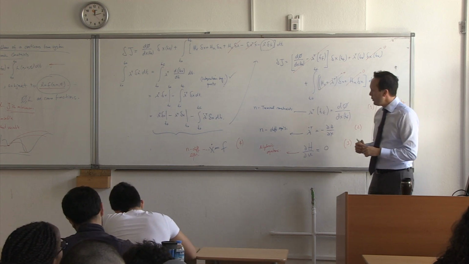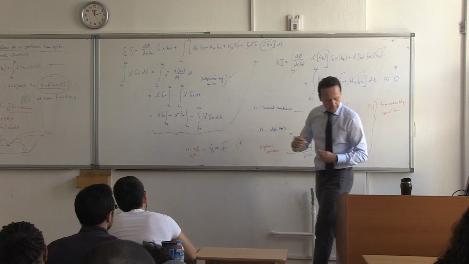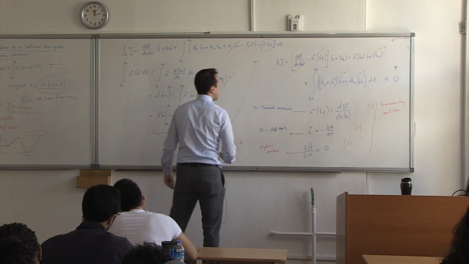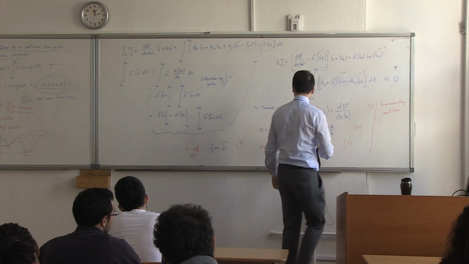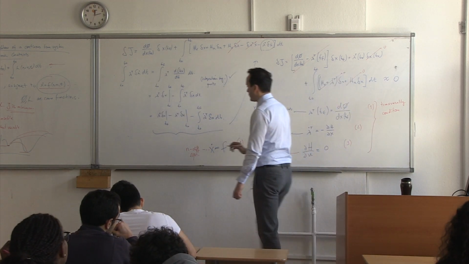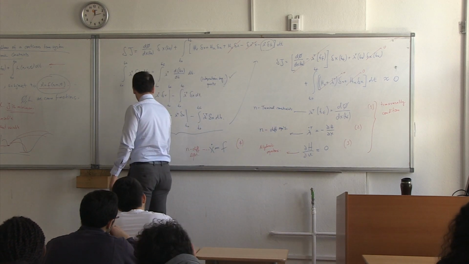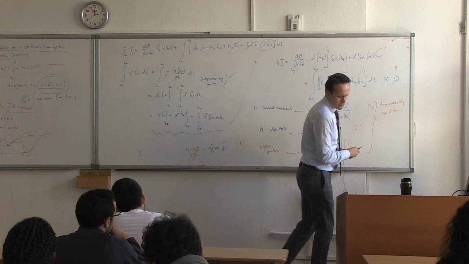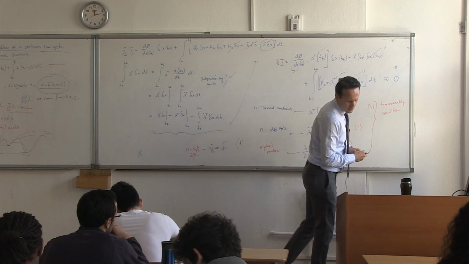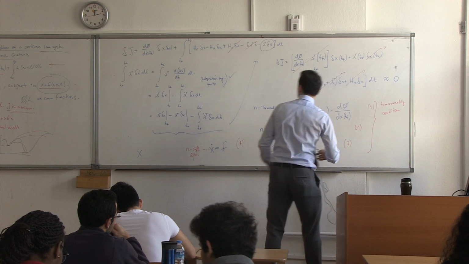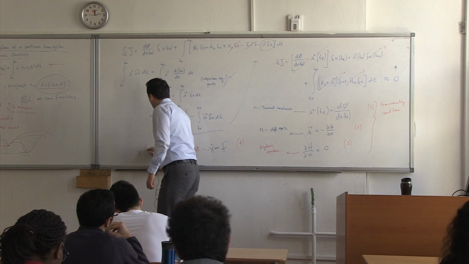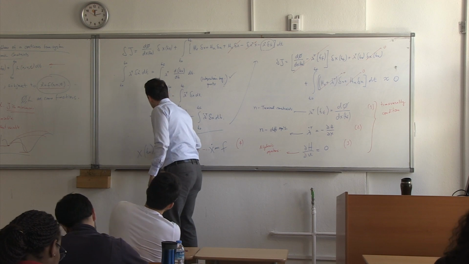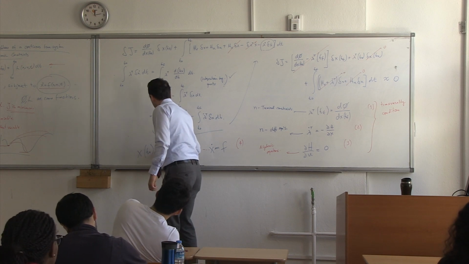What else do we know? We know the initial conditions. We know x0, t0. Let me write it down here. x(t0), which is x0.